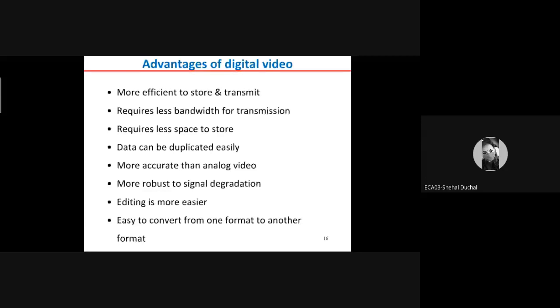Along with these, in order to transmit, we require less bandwidth. If I have to transmit the video from one place to another place, it also requires less bandwidth. So there are a number of advantages over analog videos. For that purpose, instead of analog video, we use digital videos.